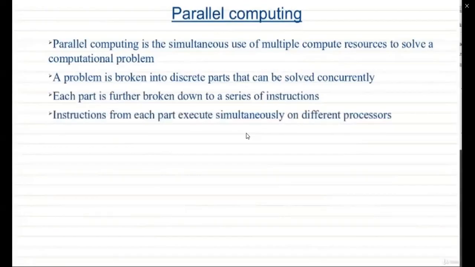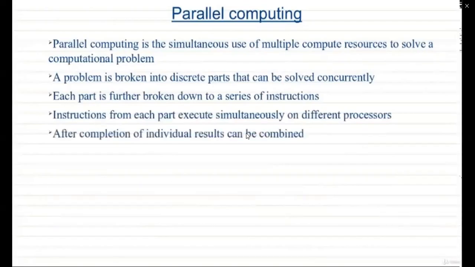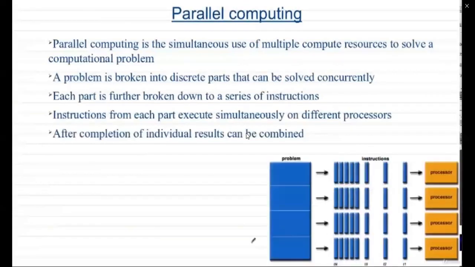Say this is a given problem, divided into subtasks, here 4 subtasks. For each subtask, a different set of instructions is written and executed on a different processor, simultaneously. This is called parallel computing.